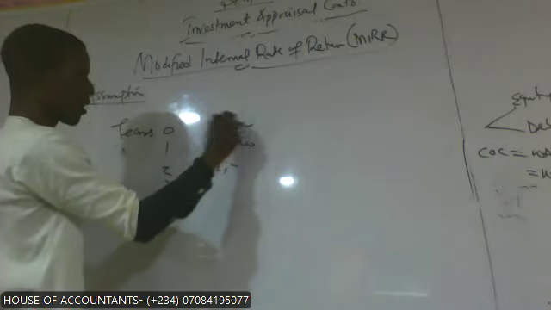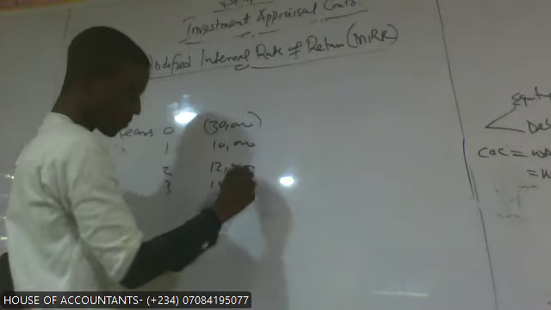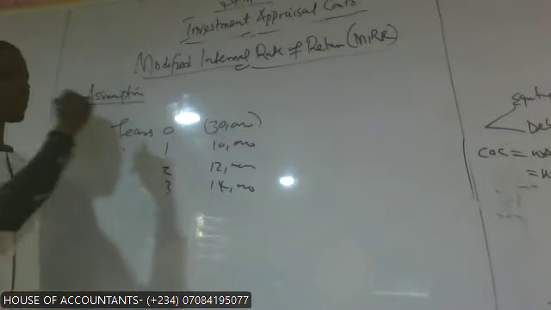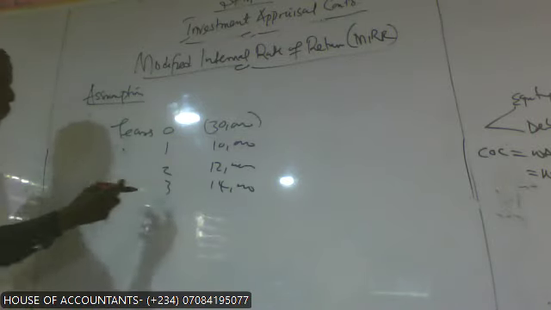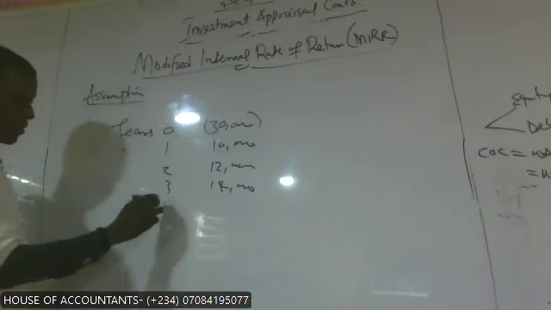Let's say this one, 5,000. So all the inflow, let's say this one, 14,000. I'm just assuming. Now, there's one thing that modified IRR tries to correct, if we are looking at the project life, let's say the project is for 5 years.